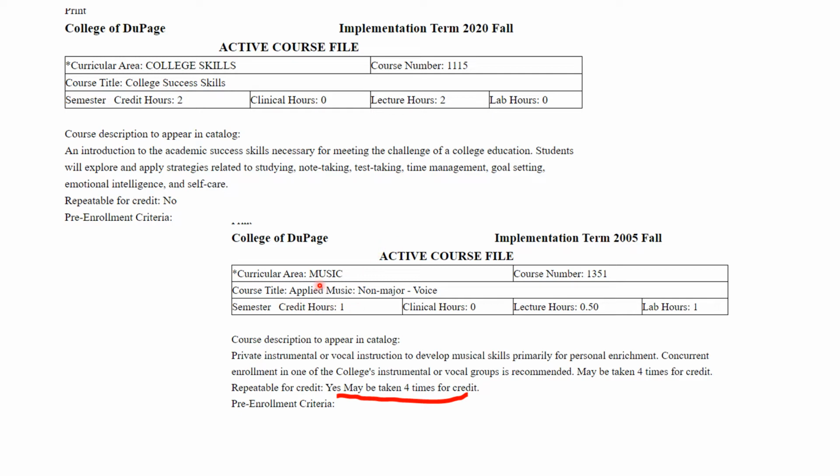The other thing that some students struggled to find was Music 1351. Now that is a 1 semester hour course, but it has an additional attribute that it may be taken up to 4 times for credit. That's unusual. Most courses don't work that way, but this music course does.